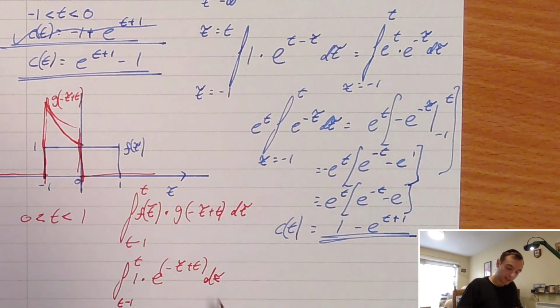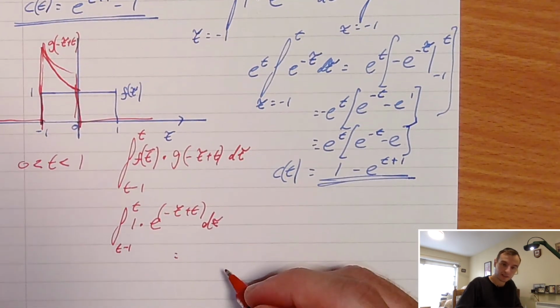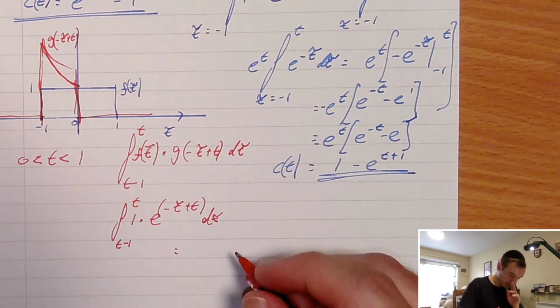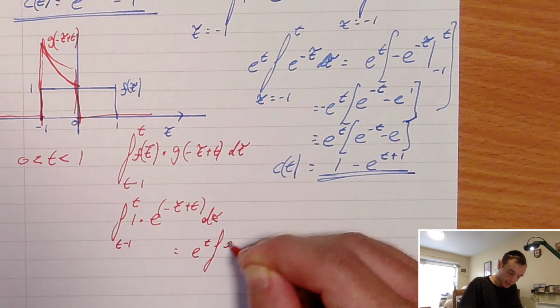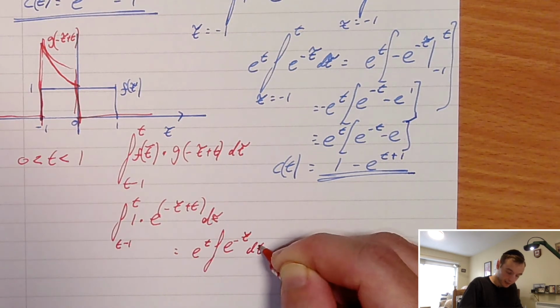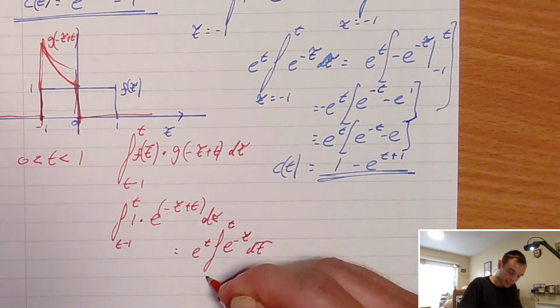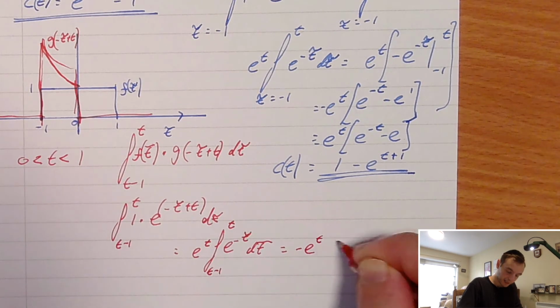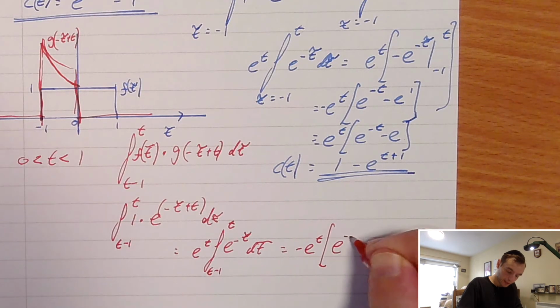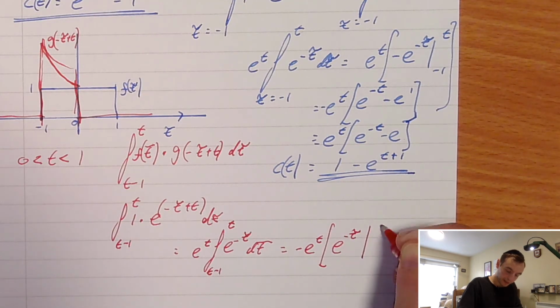d tau. So if we integrate that, we're going to get the result. Let's just do that integration here. It's exactly the same as before. We can take e to the t out. It's going to be e to the minus tau d tau between t and t minus 1, which equals minus e to the t, e to the minus tau evaluated between t and t minus 1.